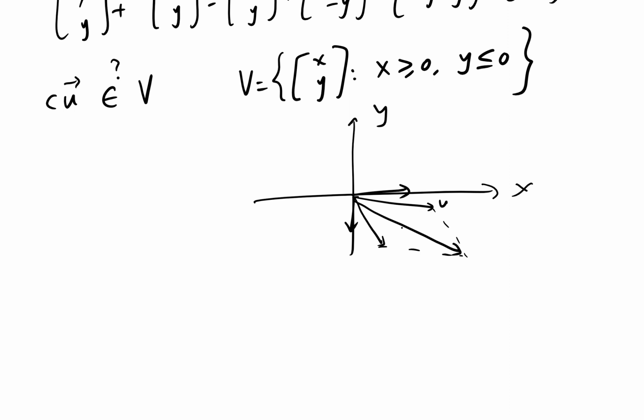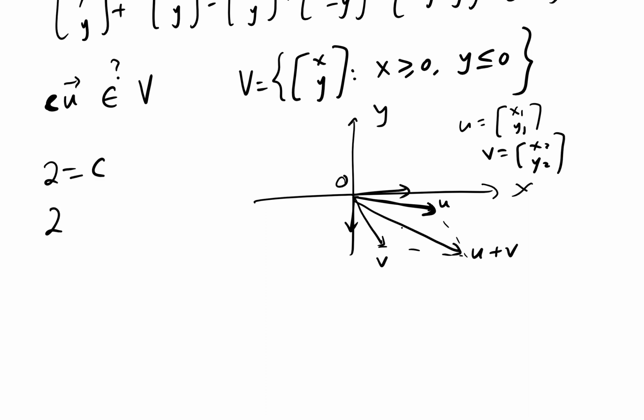If this is u, this is v, this is called the resultant force, u plus v, in physics. So u is, call it x1, y1, and v is x2, y2. C can be any real number. If you do c to be 2, you get 2u. 2u is going to be somewhere here, double that.